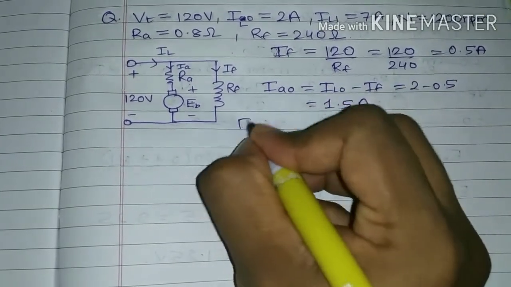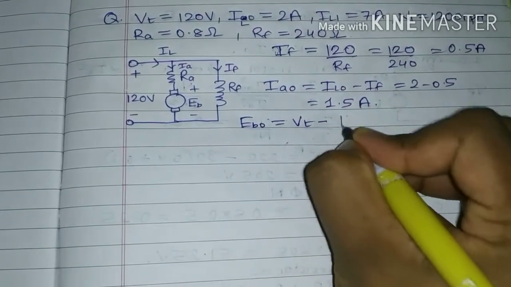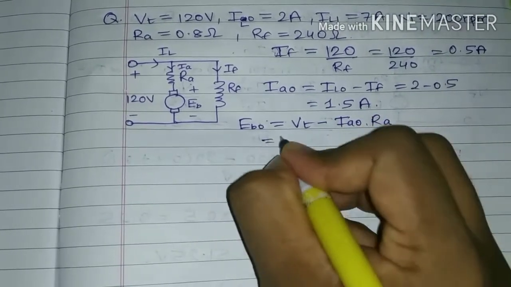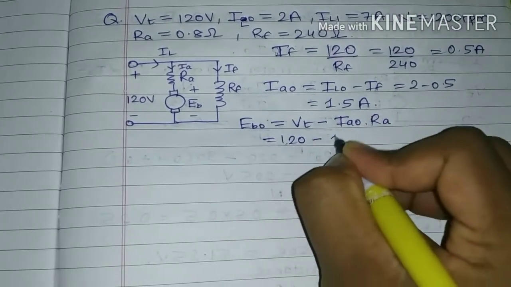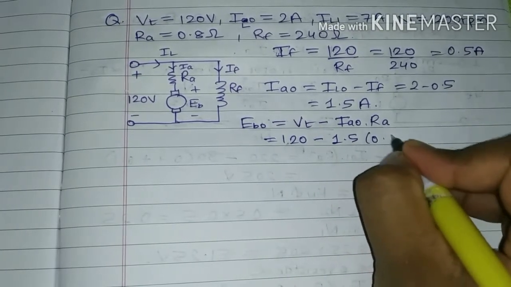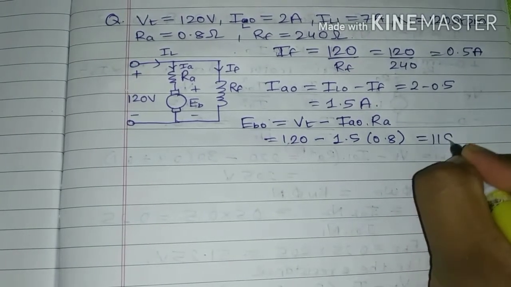We also know that EB0 is equal to Vt minus Ia0 into Ra, which is equal to 120 minus 1.5 into 0.8. Hence, EB0 turns out to be 118.8 volts.